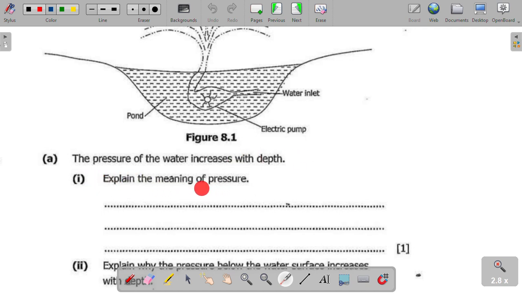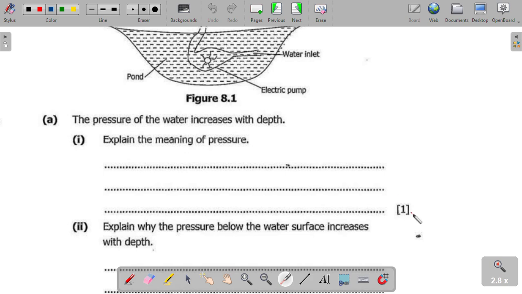Now explain the meaning of pressure. How many marks? 1 mark. Explain the meaning of pressure.